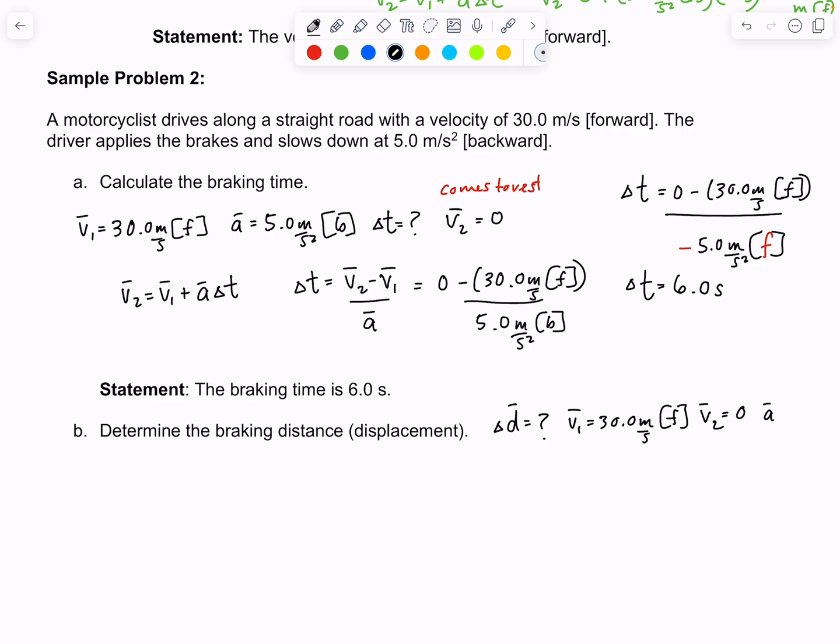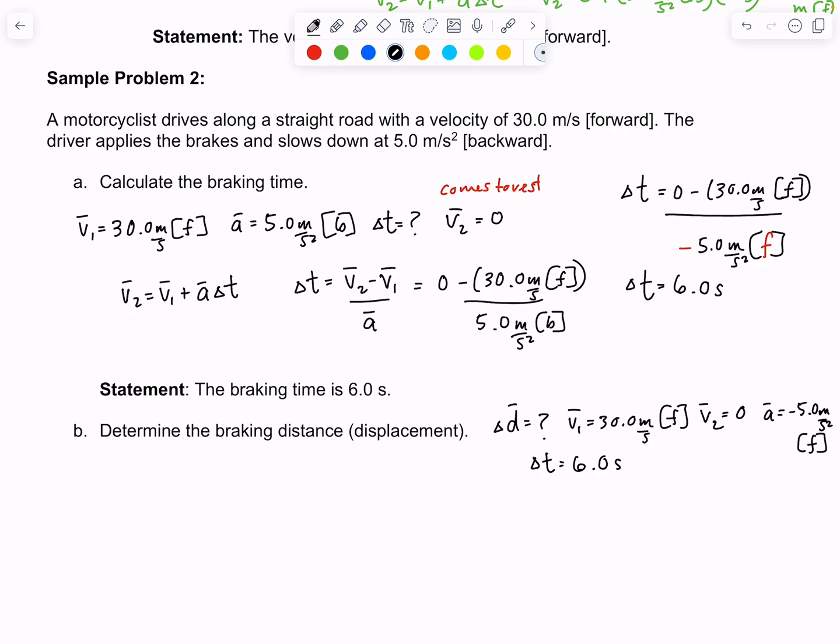We know the acceleration, negative 5 meters per second squared forward. Notice here I wrote this as negative 5 meters per second squared forward, whereas initially we talked about it as positive 5 meters per second squared backwards. These two are equivalent. And we know the time it takes to come to rest is 6 seconds.